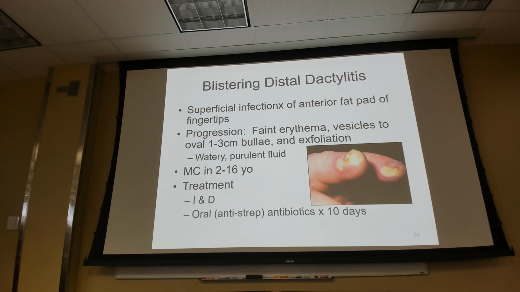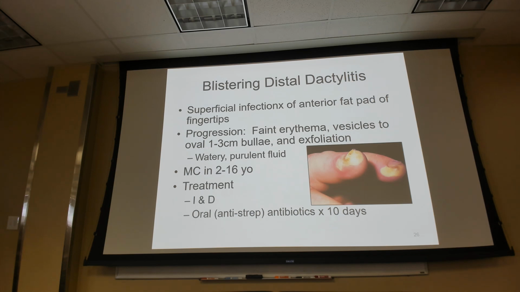So here's now dactylitis. So it's blistering. It's one of those things that is a superficial infection. Okay. Fingertips. It can also be of the toes. So it'll have some redness. You can see the vesicles, watery, purulent fluid. Most common in 2 to 16 years old.